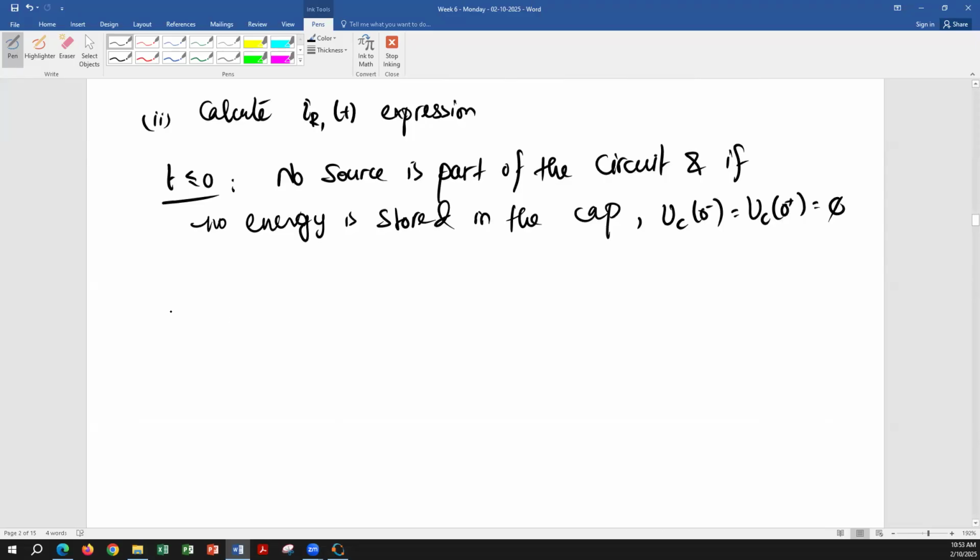From this analysis, you are going to figure out the capacitor voltage and the initial value for the next stage, that is after 5 milliseconds.